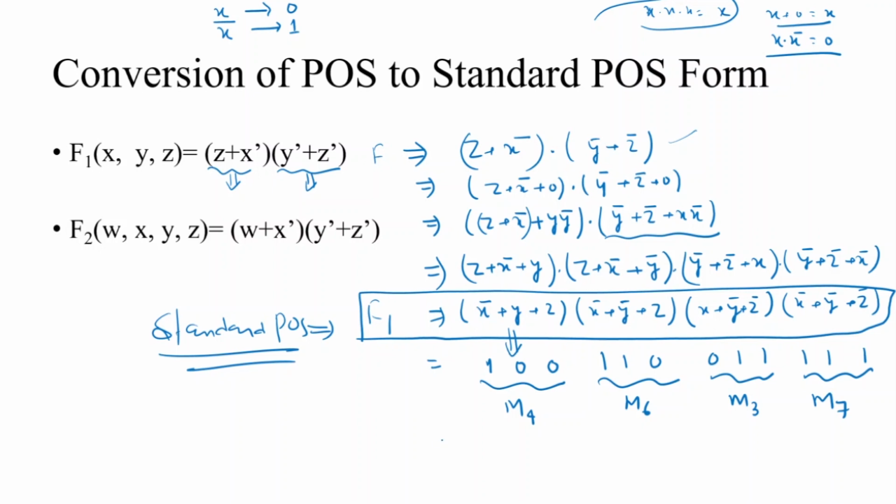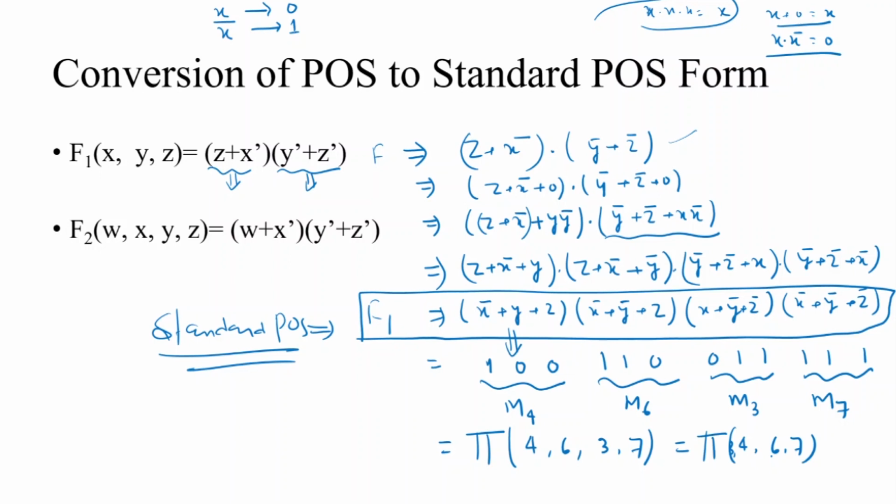This means we can write it as a product of 4, 6, 3, 7, or in sequence, it is written as 3, 4, 6, 7.